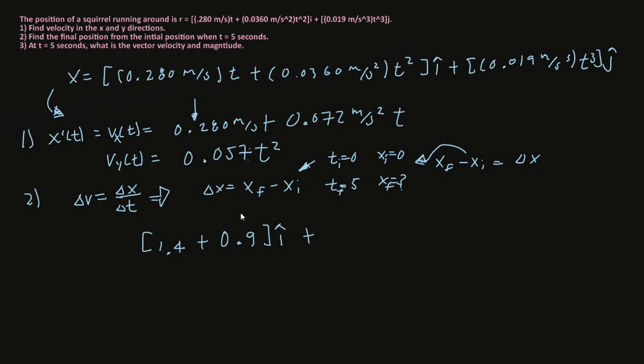So 5 cubed will give us 125 times 0.019, which will be 2.375 j hat.